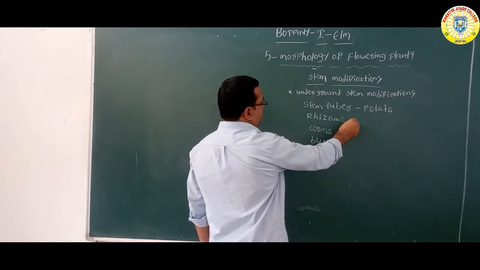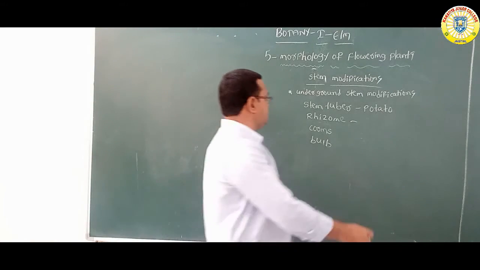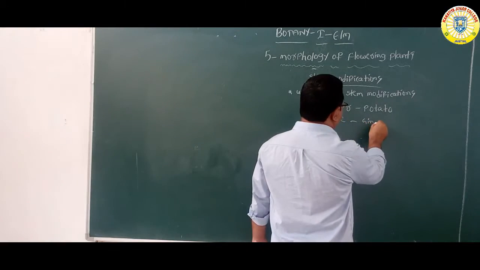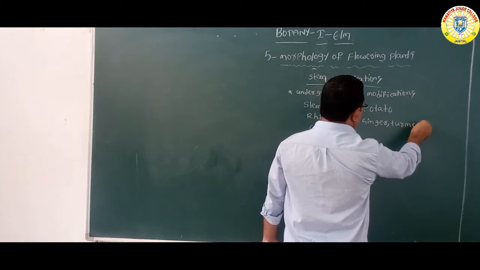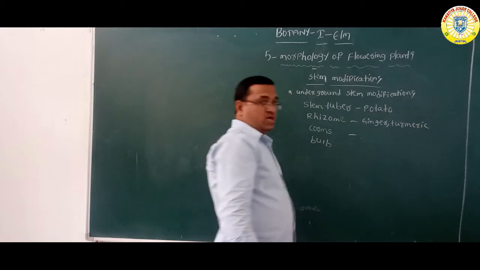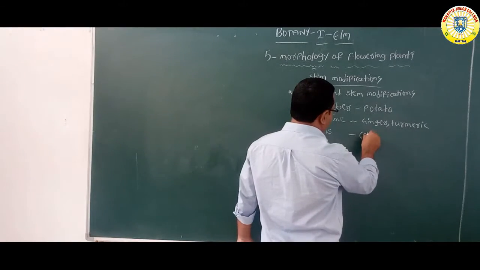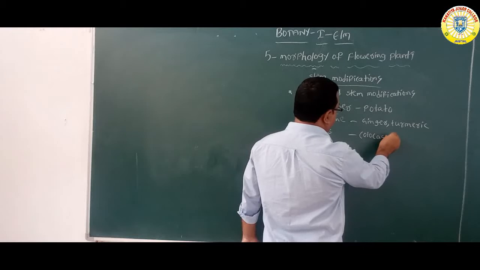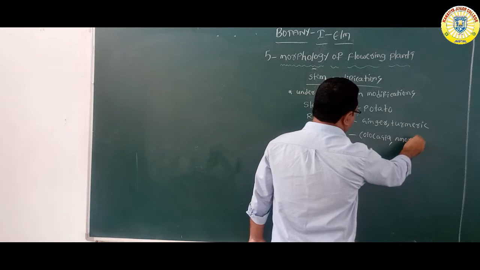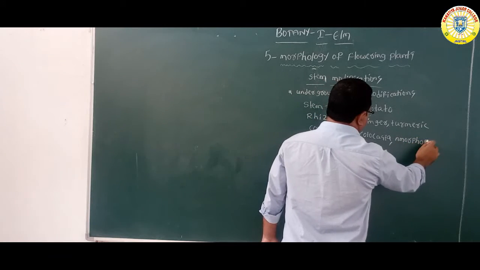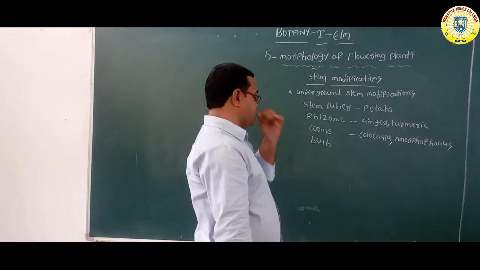Bulbs. Rhizome, best example, ginger and turmeric. Corms, colocasia and amorphophallus.